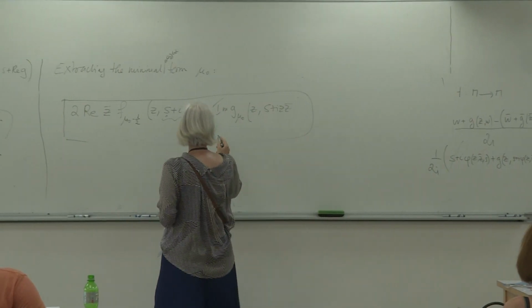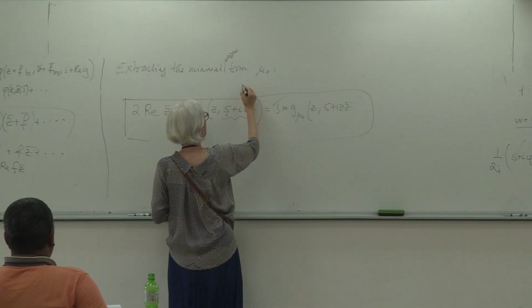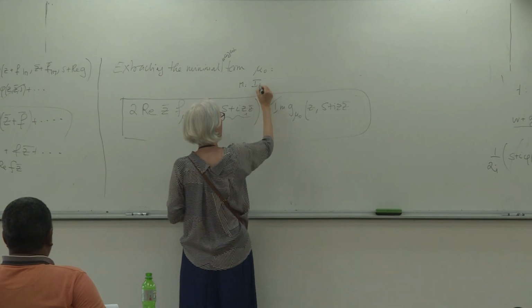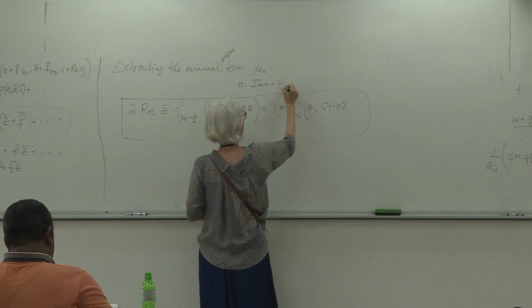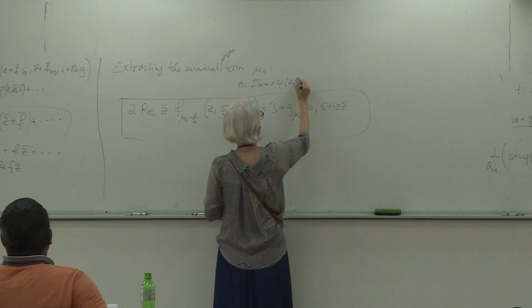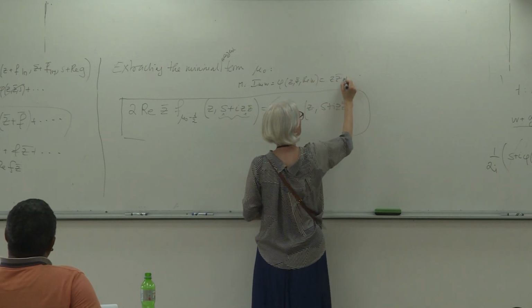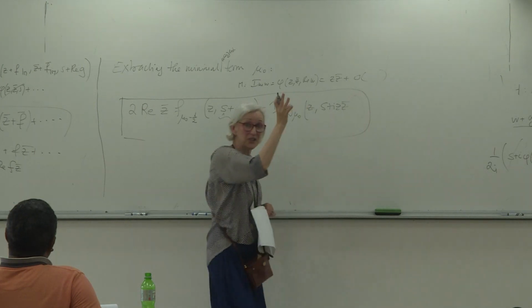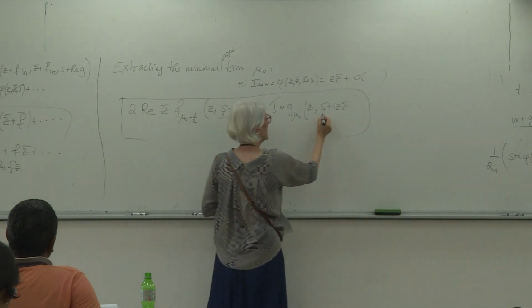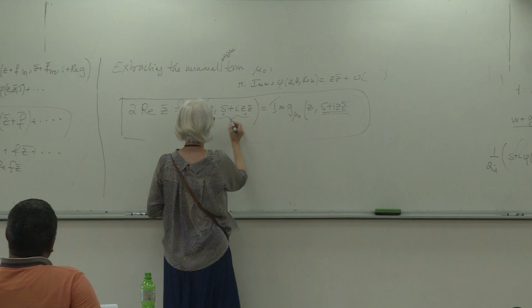It doesn't depend on the rest. Remember, M is given by im W is phi of the bar real W, which is z bar plus higher order terms. But you don't see them. You just see the model hypersurface.